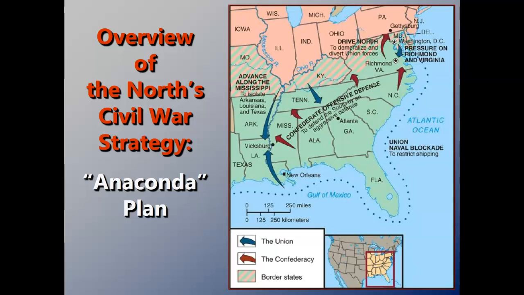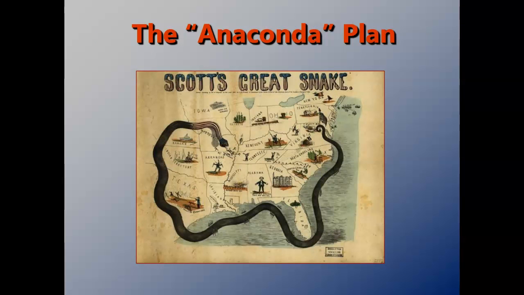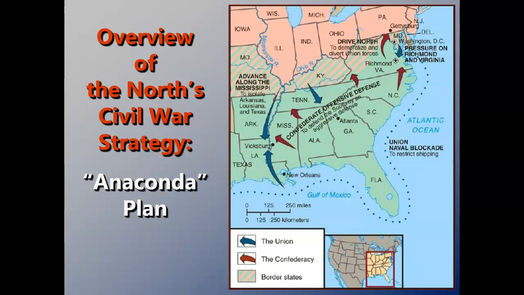If you know what an anaconda is, anacondas are huge snakes that capture their prey and kill their prey essentially by squeezing it to death. And that is what Winfield Scott's plan was, to encircle the South and then to squeeze it to death. So if you go back here, you can see the elements of the plan.